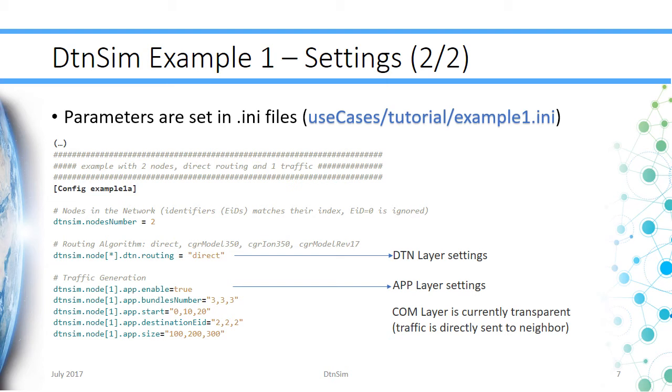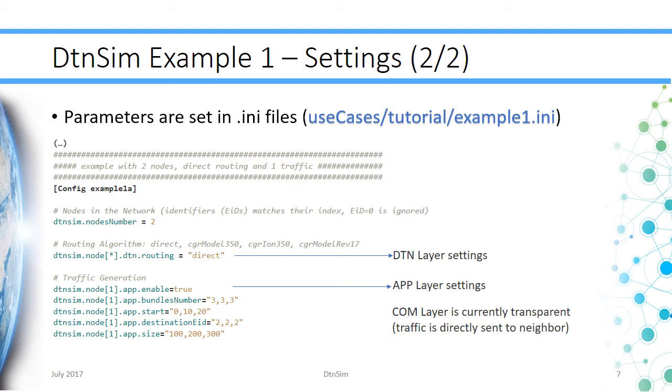The second generator also generates 3 bundles with start time 10 seconds, destination ID also 2, and with a size of 200 bytes. So this way we can configure several traffic generators in DtnSim. In this case, they're all configured in node 1. And this is a traffic model that the simulator will consider while running the simulation.